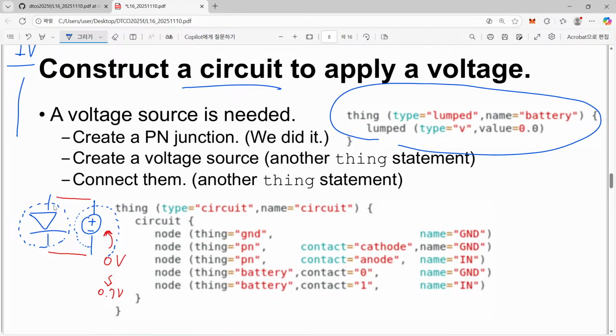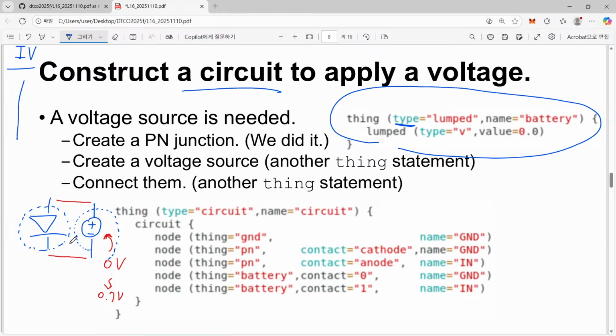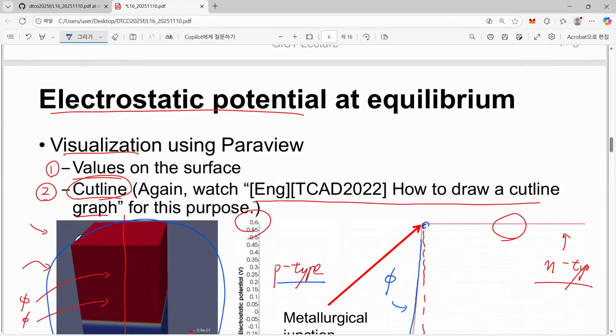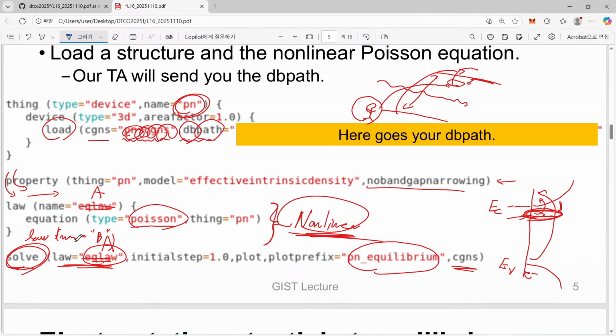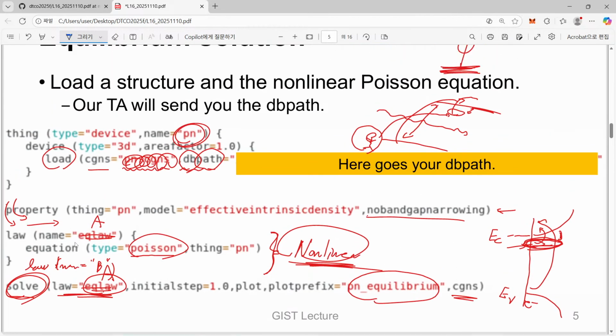Here we have a type, and this type really determines what this device is. So let's just come back to our PN junction. Previously, the type was a device type. It means that it has well-established meshes, and we must solve certain complicated partial differential equations.